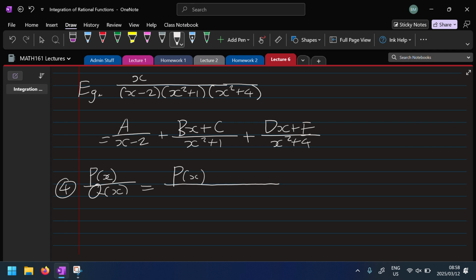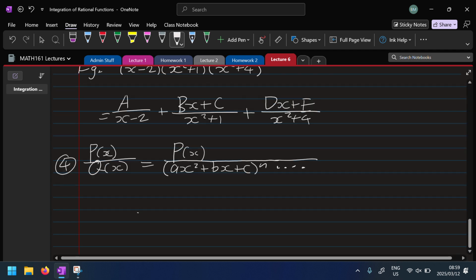Like before, we had the linear case, and then the linear ones that are repeated. We have the quadratic case, and now the quadratic ones that are repeated. So here we have some ax squared plus bx plus c to the n, so we have some number of repetitions there, and some other terms, we know how to deal with that. But we're only interested in this repeated quadratic part.